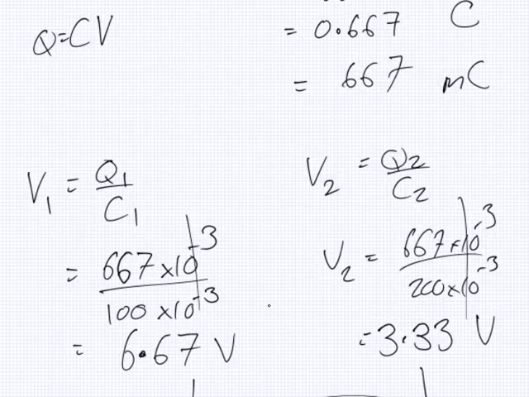I need a question, Fawn. I can't help you without a question. Why 0.1? Because 100. Oh, you converted. Oh, I see. Yeah, this is right. This is 6.67.